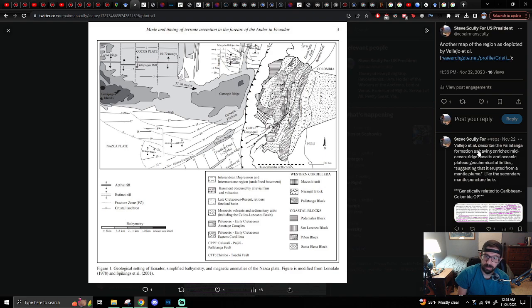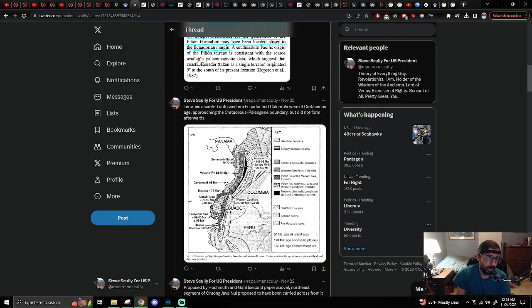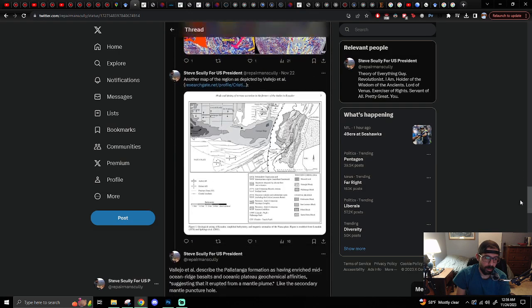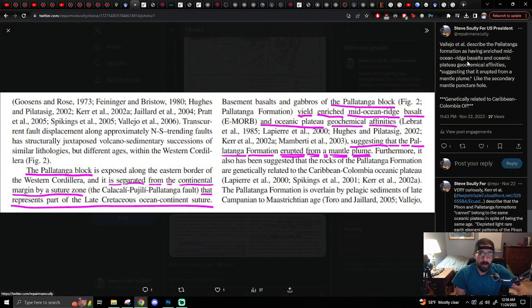Okay. So the Pallatanga, where is it? Here we go. Further describe the Pallatanga formation as having enriched mid-ocean ridge basalts, E-MORB.